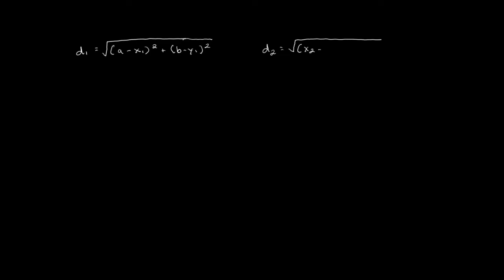So that's x2 minus A squared plus y2 minus B squared. So those are just those two line segments, plugging it into the distance formula. Since it's the midpoint, those are going to be equal. So I'm setting these two equations equal to each other.